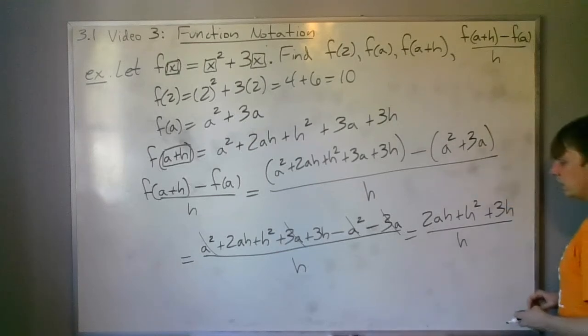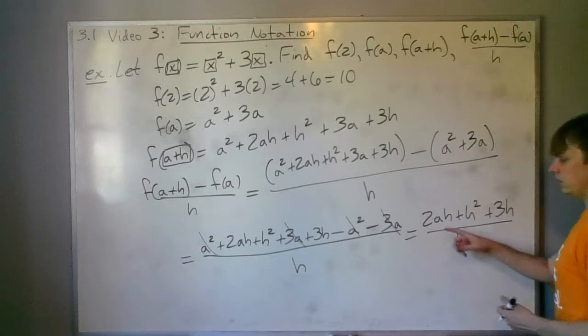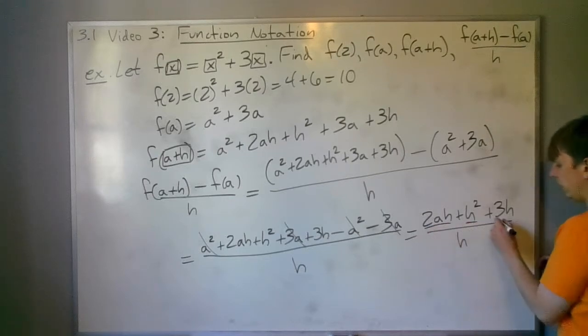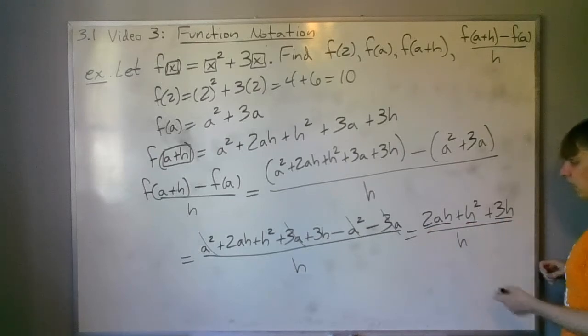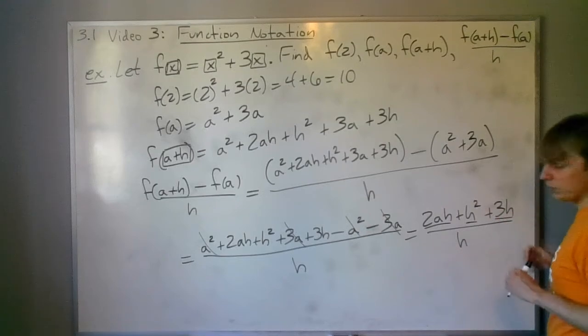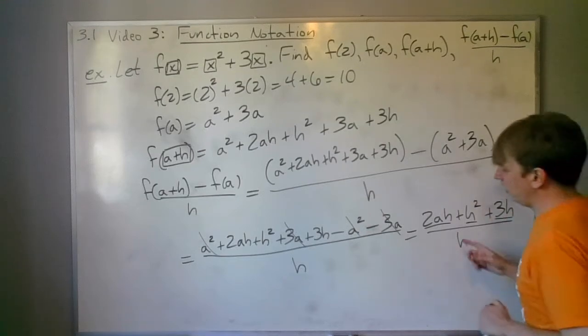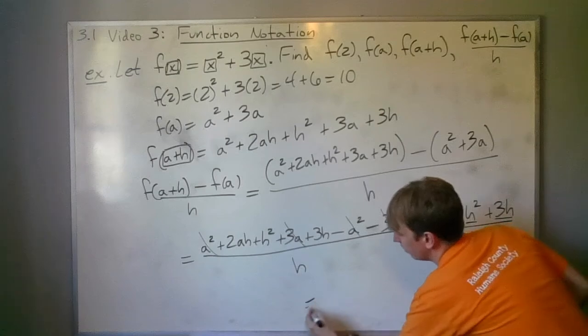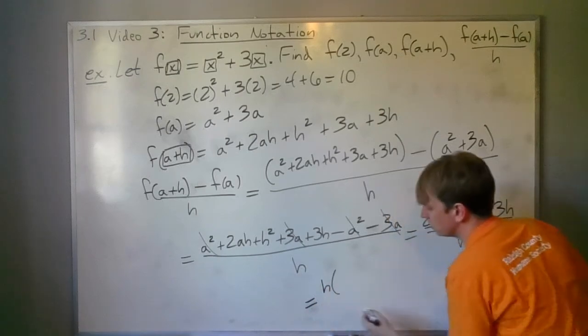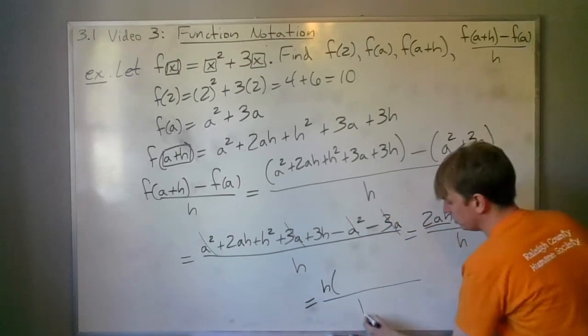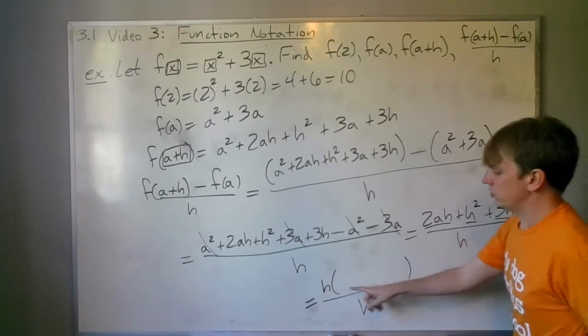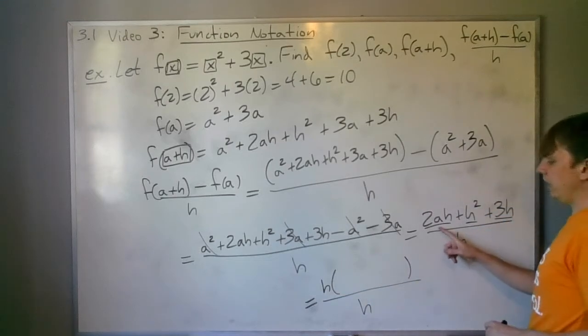Okay. Well, I see three terms in the numerator, and all three of them have an h, and the denominator has an h, so maybe I can cancel something. So let me try and factor an h out. So I will write the numerator as h times whatever's left over. Okay, so let's see, h times something would be 2ah.